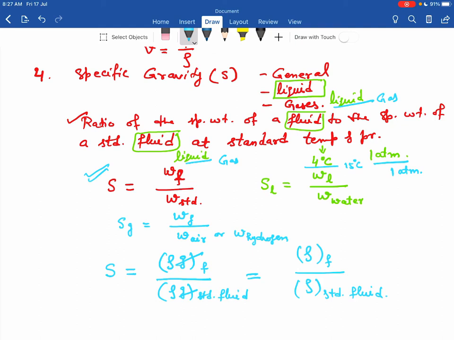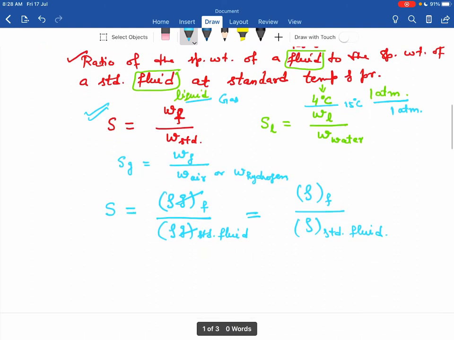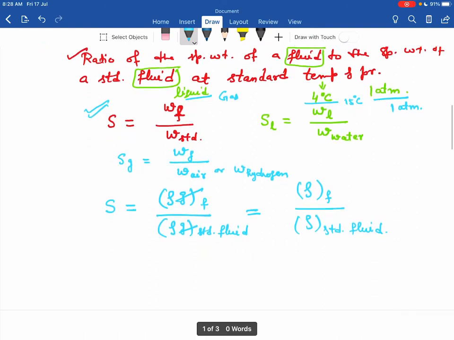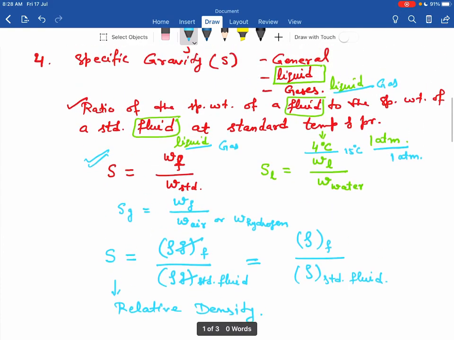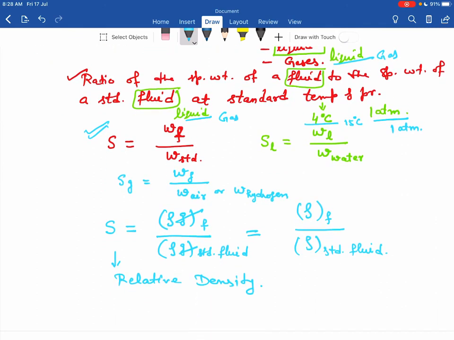So you can also say specific gravity is the ratio of densities, density of fluid to the density of standard fluid at standard conditions. Now, because of this relation, S is equal to rho of fluid divided by rho of standard fluid, we can also call this S a relative density. So another name for specific gravity is relative density, because this is also the ratio of densities. Okay.